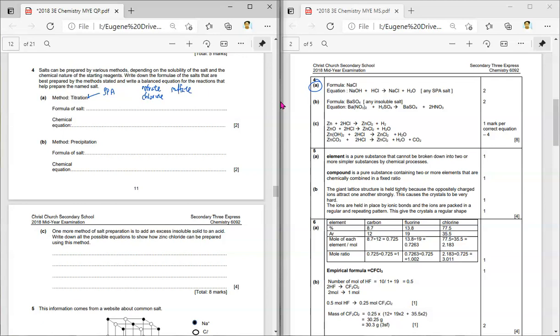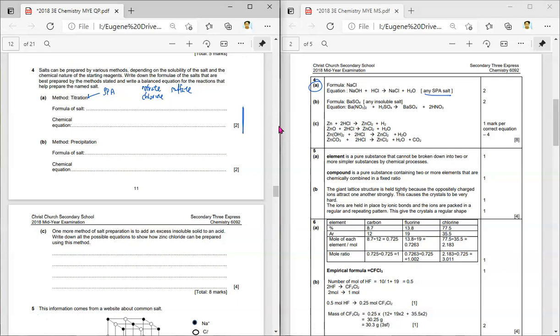So there are many possibilities for the answers over here. Give me any soluble salt, that'll be fine. And the equation I'm looking for is the alkali with the acid. So do mark accordingly. If you have any questions, please feel free to drop me a text to check whether the answers are correct. But I think yours should be quite okay.